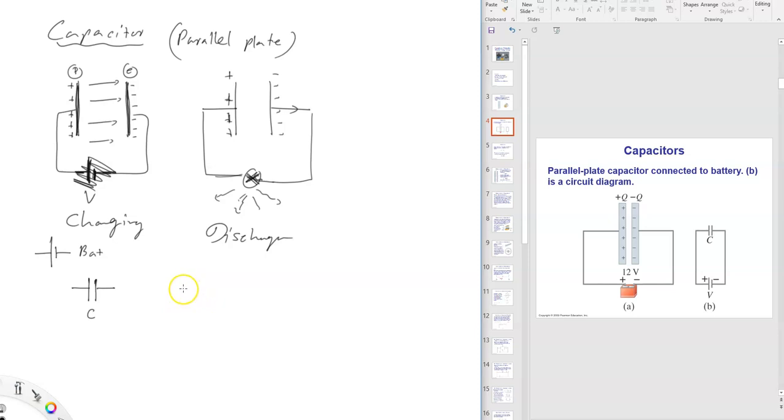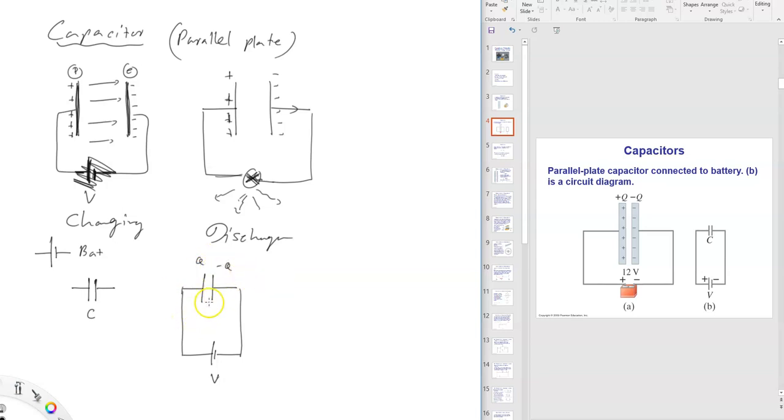Now here we have the circuit. We have the capacitor connected to a voltage supply. Voltage is V. Now the charges will accumulate on the plates. This side positively charged, this side negatively charged.